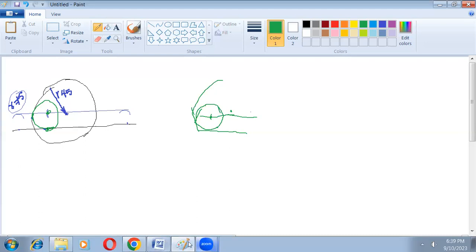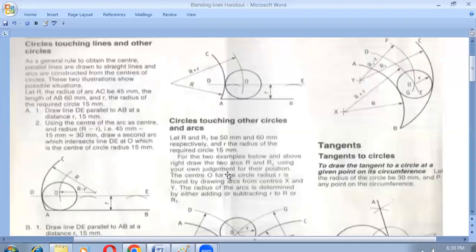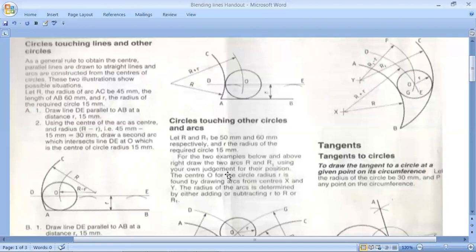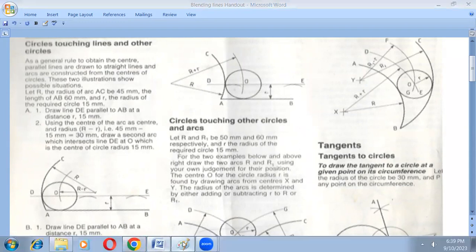Let's look at example number 2. If the circle is tangent to the other circle, but the circle is outside the other circle. The two circles are outside. This is the case, right?